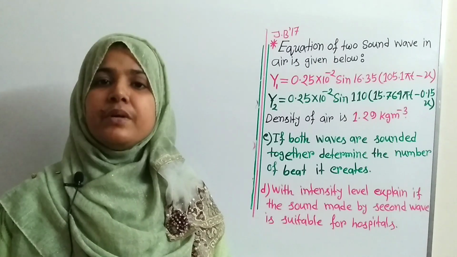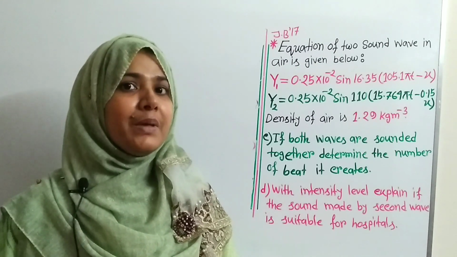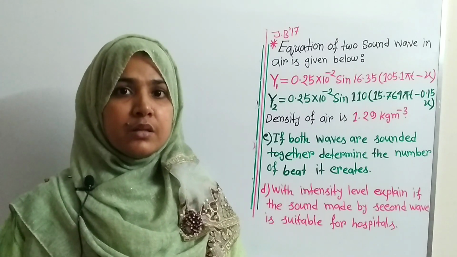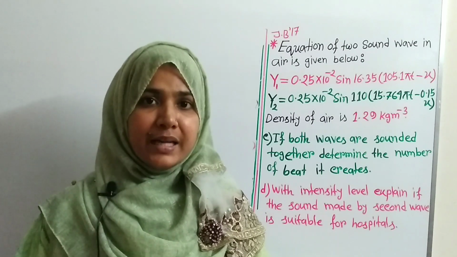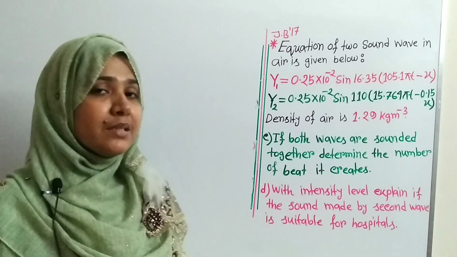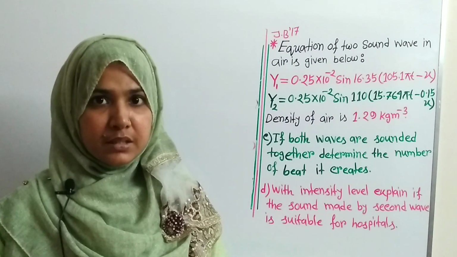But if the intensity level crosses 60 decibel, then that sound will be irritating for us. So if we find that the value of beta is more than 60 decibel, then that sound will not be suitable for the hospital.